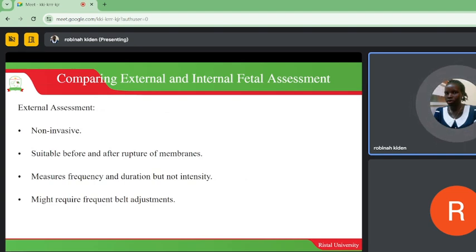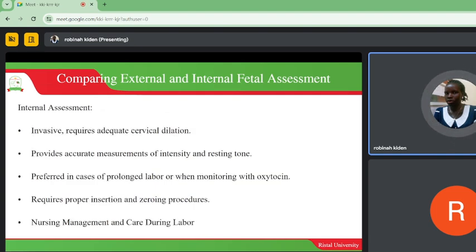It might require frequent belt adjustments, more so when the contractions go low or increase.